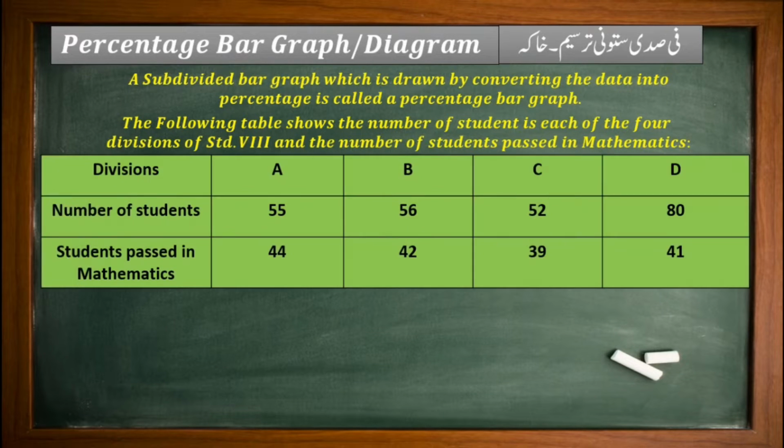Here is the table, and you are observing the standard 8 divisions A, B, C and D. The number of students in each class is 55, 56, 52 and 80, and the students passed in mathematics are 44 in division A, 42, 39 and 41. From 55, 44 students passed; from 56, 42; from 52, 39; and from 50, 41.